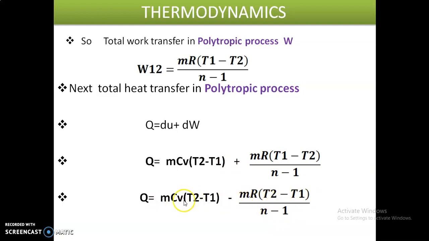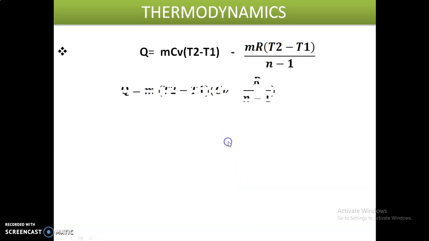If you observe this equation, here we have a common term, that is m(T2 minus T1). Put it outside: m(T2 minus T1) is the common term. So if we take the common term m(T2 minus T1), again here we have Cv and R by n minus 1.